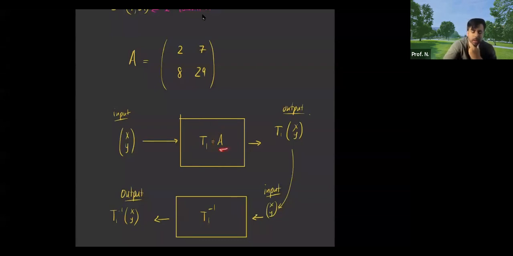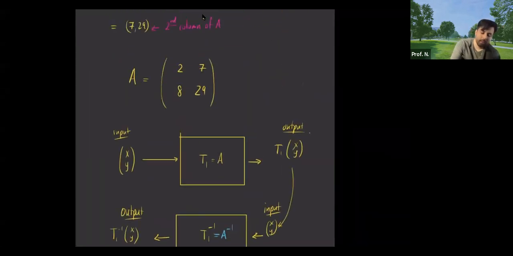So if the matrix A characterizes T1, what do you think is going to characterize T1 inverse? A inverse, that's right, guys. A inverse is the inverse of the linear transformation that's represented by A. So all I really need to do is find A inverse.